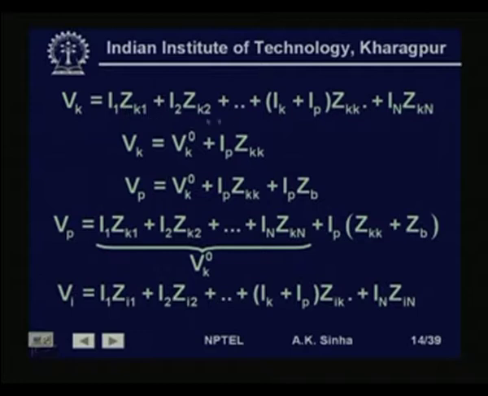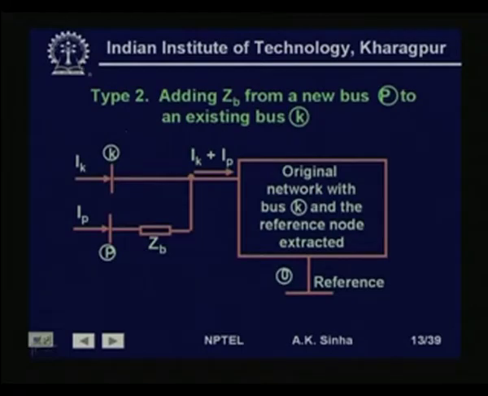What we are seeing here is that from the previous value where Ip was not injected, the changed Vk is equal to the previous Vk, the voltage at that bus, plus Ip into Zkk. Ip into Zkk is what is getting added, the delta V at bus K. Similarly, for bus P, if we want to find the voltage, what will it be?